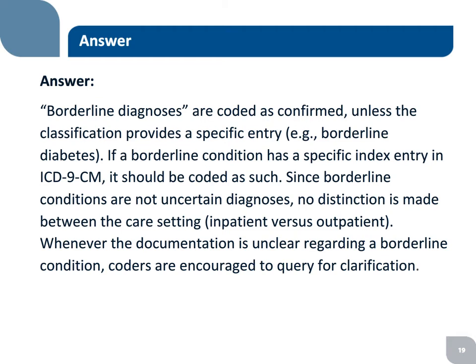So they're instructing us, and this is the Coding Clinic, which is an official coding guideline, that when you go to the index entry and there is no borderline indentation, then you code that condition as if it existed. When I first read this, I thought, wow, that to me seems like a borderline condition. Why would I do that? So I like to bring that to everyone's attention, that borderline for some things will get coded. But if you say probable, suspected, and consistent with, and those types of verbiage, we will not be coding them.